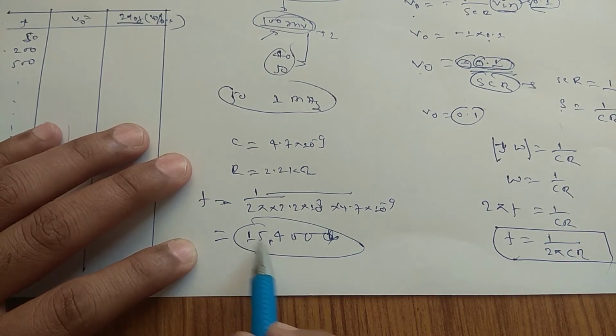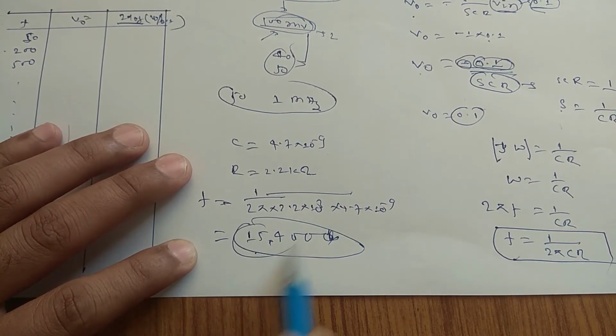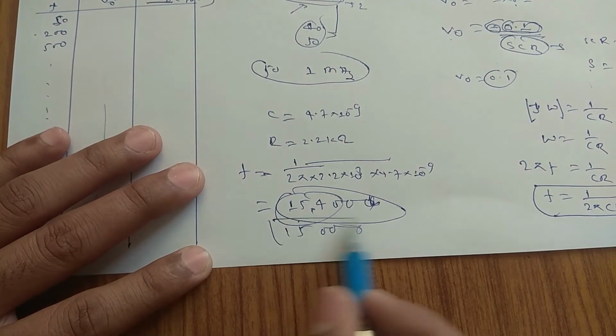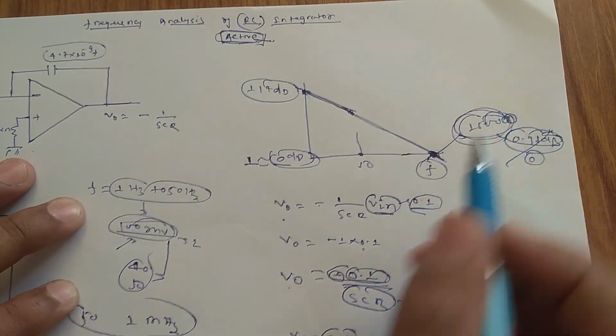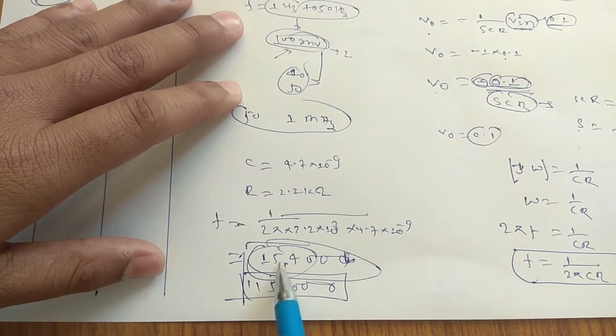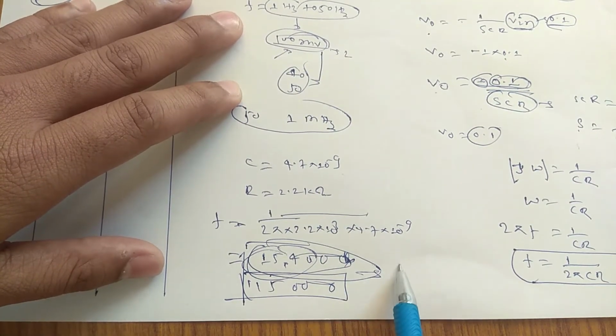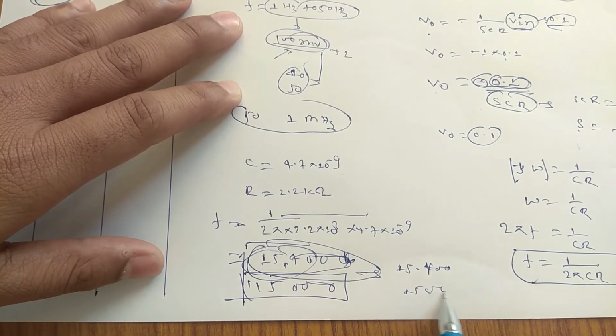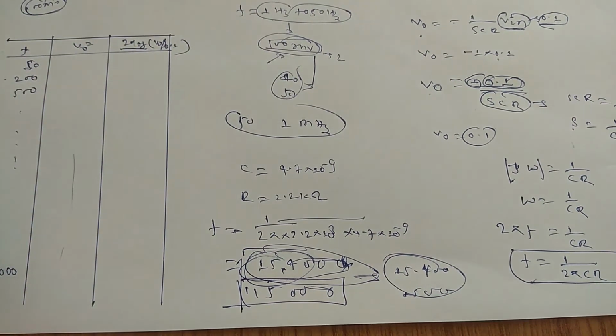I was saying it wrong earlier, it was 15,000. So theoretically the value came around 15,400, and practically we got 15,000. So this is what we got.